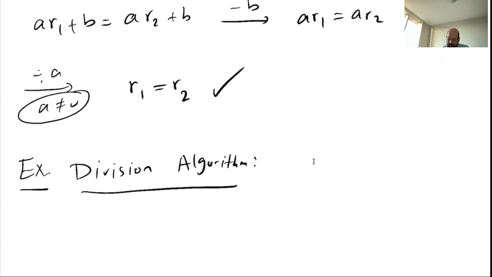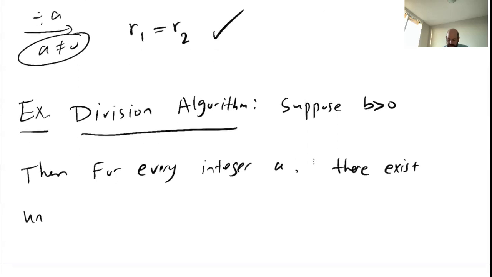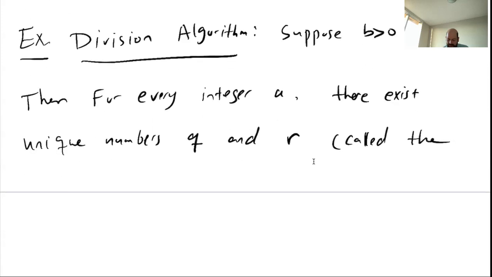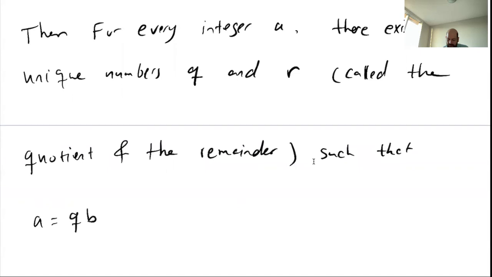Suppose B is bigger than 0, then for every integer A, there exist unique numbers Q and R, called the quotient and the remainder, such that A is equal to QB plus R and R is bigger than or equal to 0, less than B.